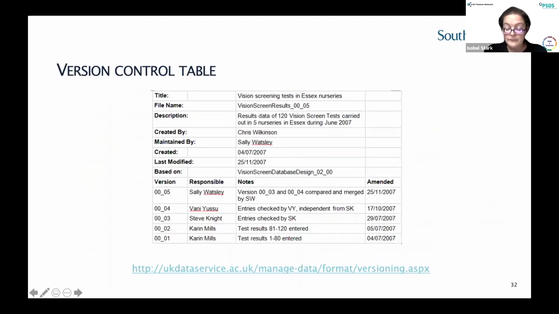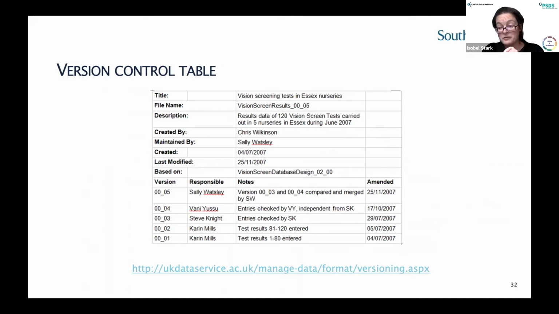If you are working on a document with several people, Sammy has already gone through some really useful things that you can do. You can also, depending on what you might be doing, put a version control table at the top of the document so you can keep on top of who's done what, who's checked things, and who altered the file last.